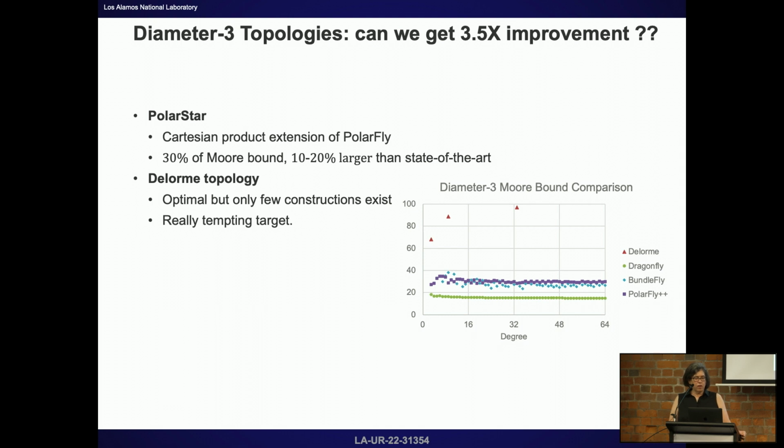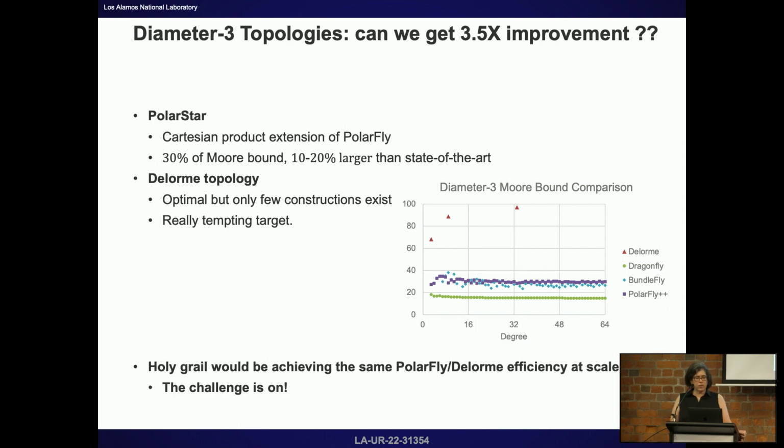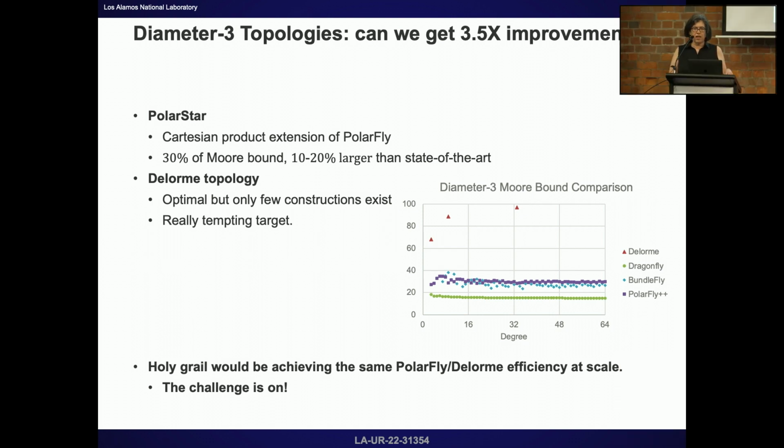DeLorme, as I say, only a few constructions exist, but it's tempting. So the holy grail would be achieving the same Polarfly DeLorme efficiency of scale, and that's the challenge. And when I say it's a challenge, it's actually non-trivial. We have funding, my colleague Kelly, the mathematician, and I, we have funding to study this. We're bringing on students.